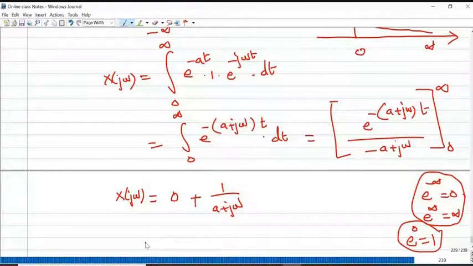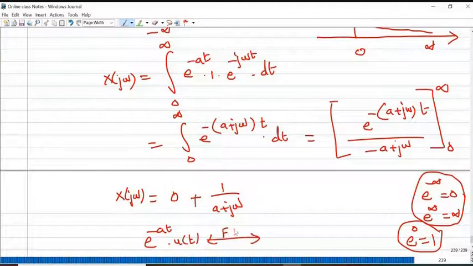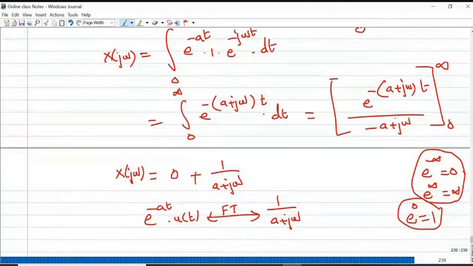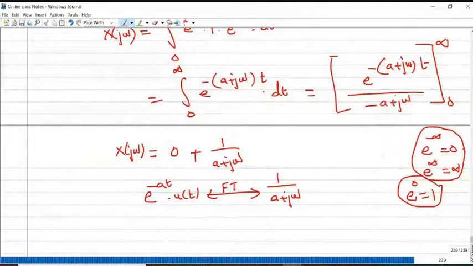So remember, if we find the Fourier transform of e power minus at u of t, the result is 1 divided by a plus j omega. Or if the result X of j omega is 1 divided by a plus j omega, the inverse Fourier transform result is e power minus at u of t.